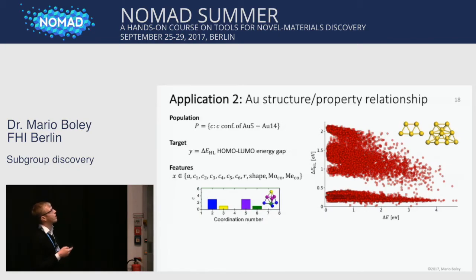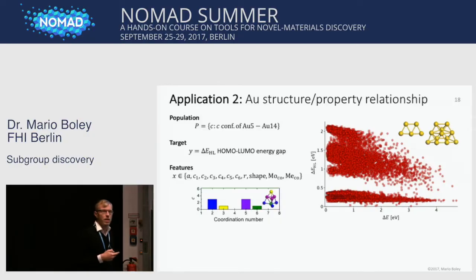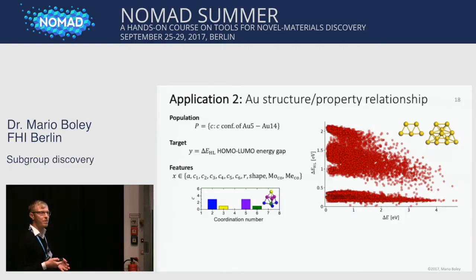So here I plotted this variable against the overall stability of the clusters. And I'd like to discover, again, regions where I can predict this property fairly well with a constant function. And I'd like to identify these regions by just the geometry of the cluster. Now we have a homoatomic structure, so we have to find a different feature representation.